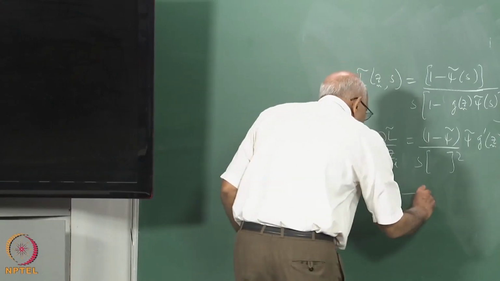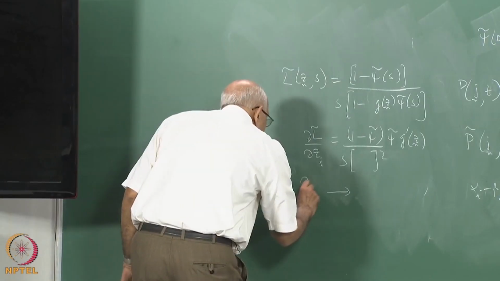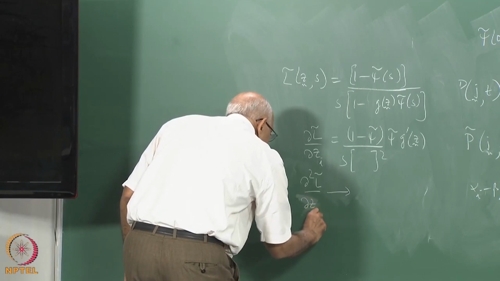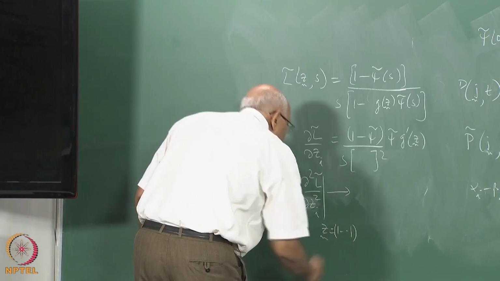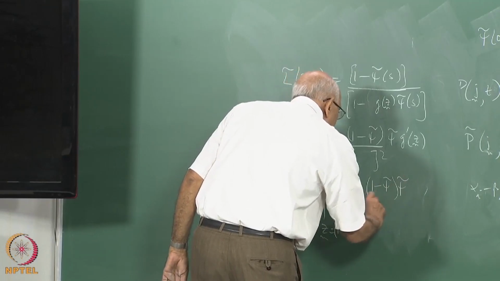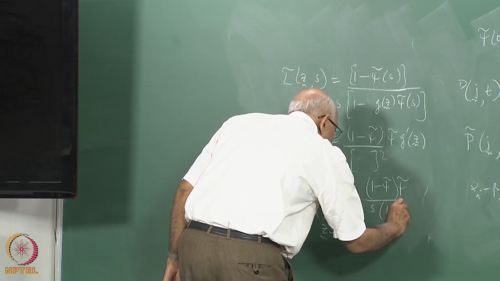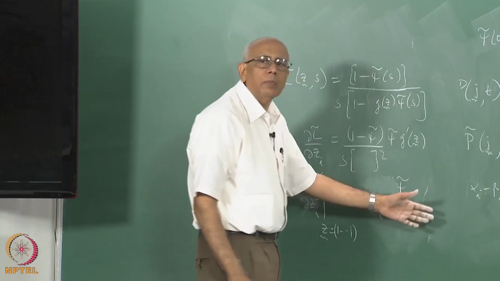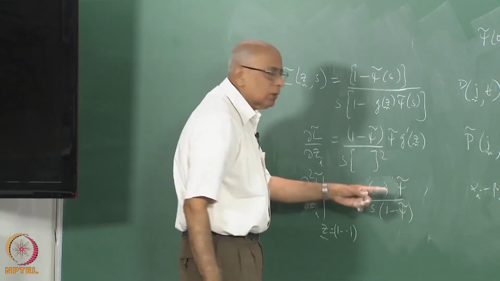So this guy goes, the second derivative of this fellow at z equal to 1 goes to 1 minus psi tilde, psi tilde over, times a number here times s into 1 minus psi tilde squared, this goes away, that is it, times a number, into some number times that. There is no s dependence.